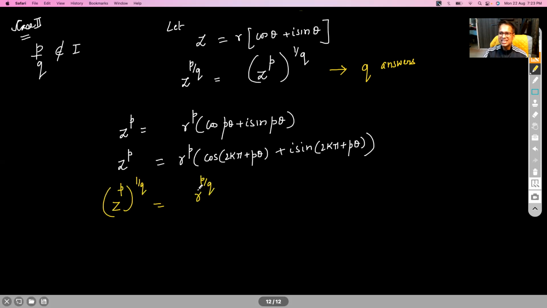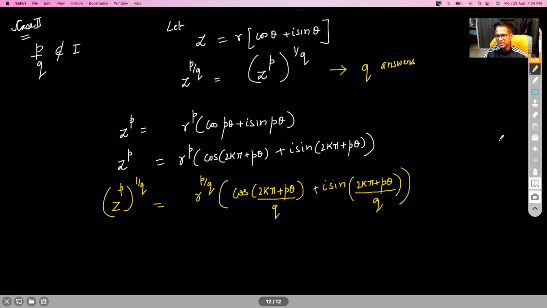That means you raise r to the power P to the power 1 by Q, and multiply 1 by Q to the angle expression. Why does it happen? The proof for that you will not be given right now because that's not part of your scope here. But let's see the use of this expression.